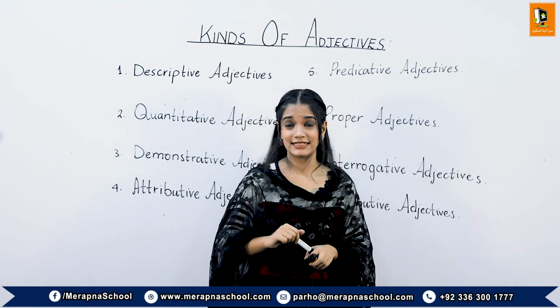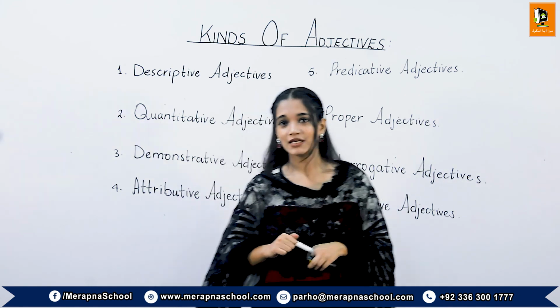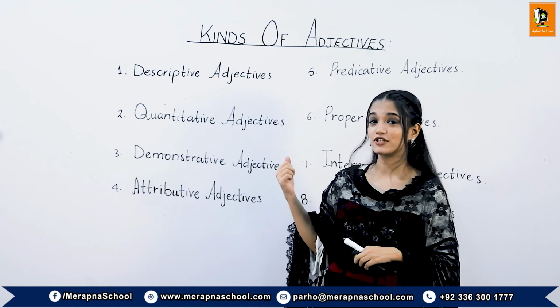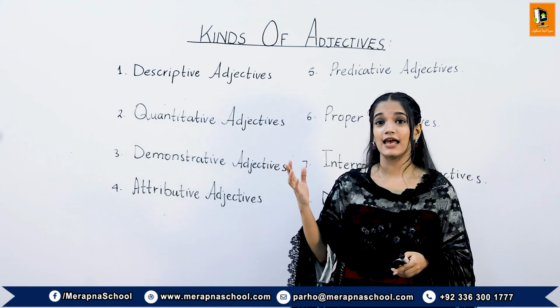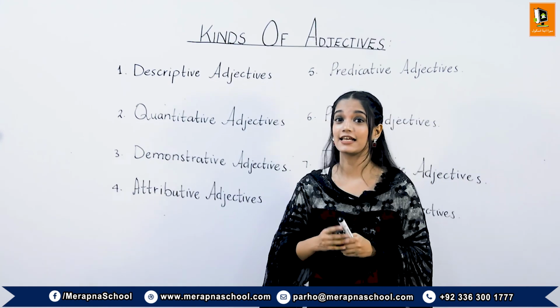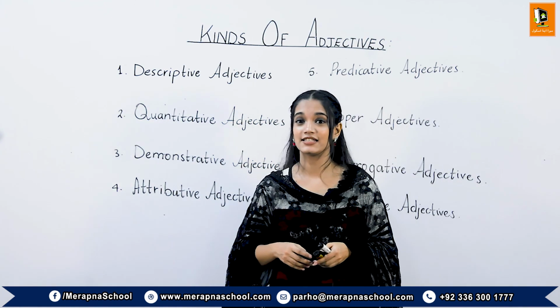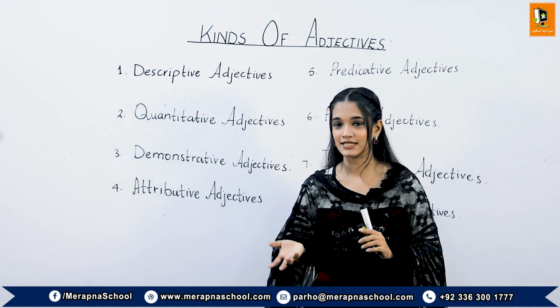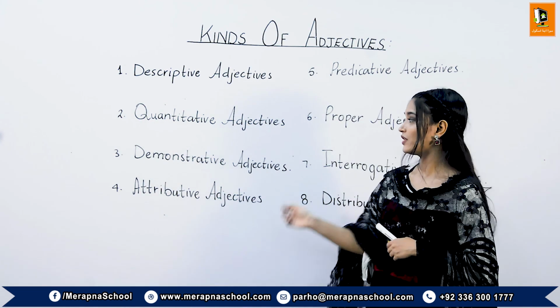We have studied the kinds of adjectives and their detail in this session. We talked about descriptive adjectives, which describe, and are also called the adjectives of quality. Quantitative adjectives describe numbers, and are also called the adjectives of quantity.